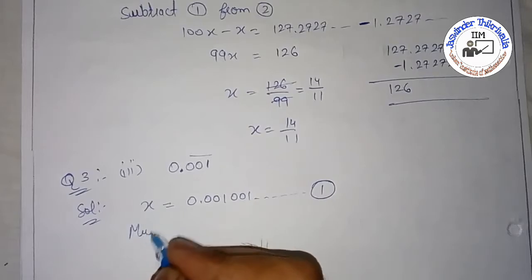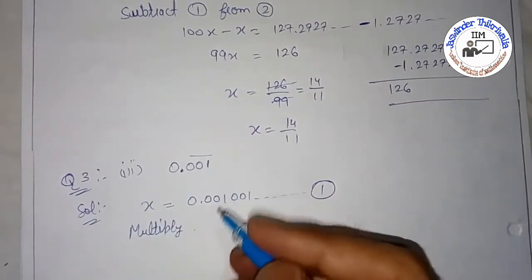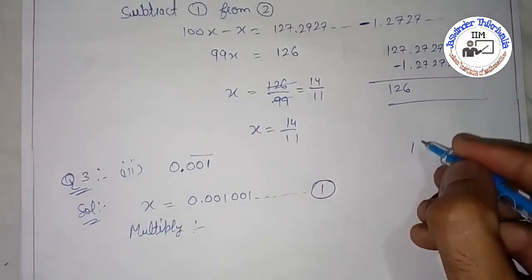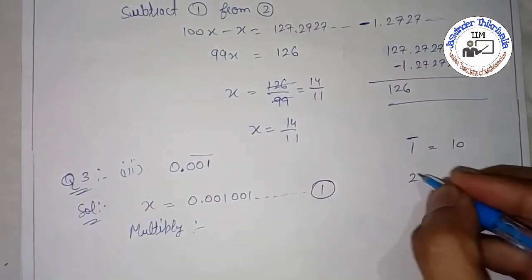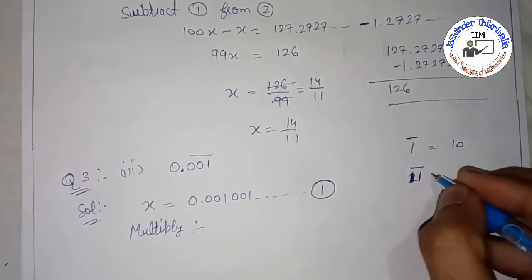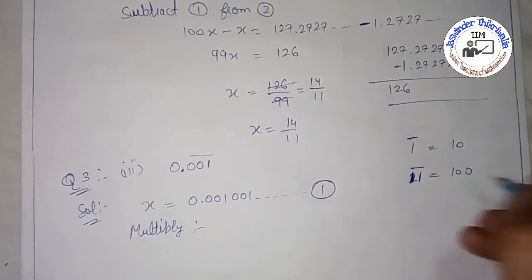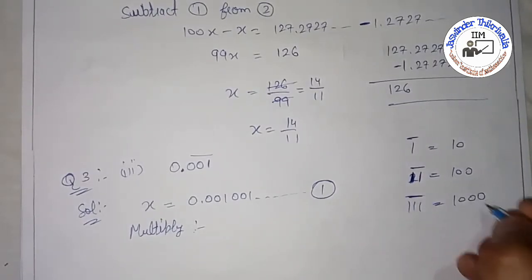Now we will multiply both sides with which value? I told you, look at how many digits the bar is on. If the bar is on 1 digit, we will multiply with 10. If the bar is on 2 digits, then we will multiply with 100. If the bar is on 3 digits, then we will multiply with 1000.